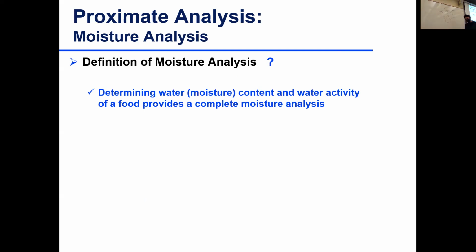You can hear water content, you can hear moisture content, but that's the same thing, and water activity of food. If you measure both characteristics, you have a complete moisture analysis. You will be doing that next week in lab. Each group will have a product, and you'll be measuring water activity and moisture content of each of these products.